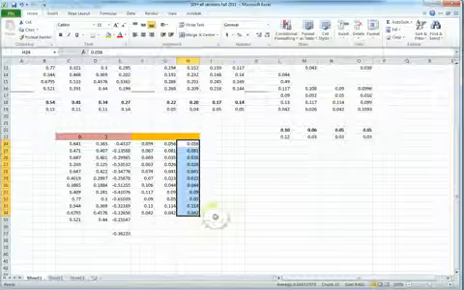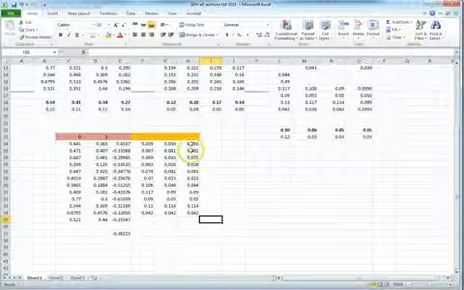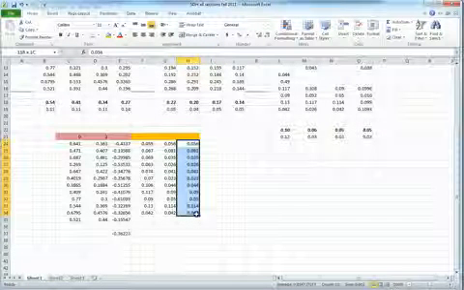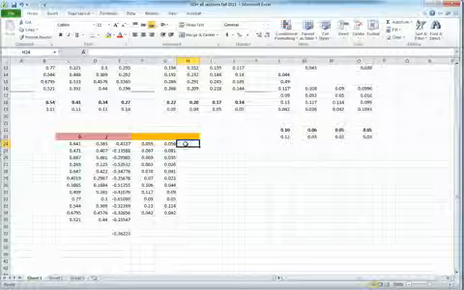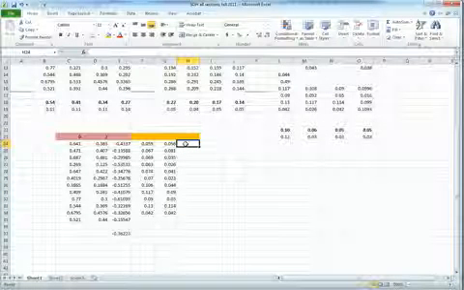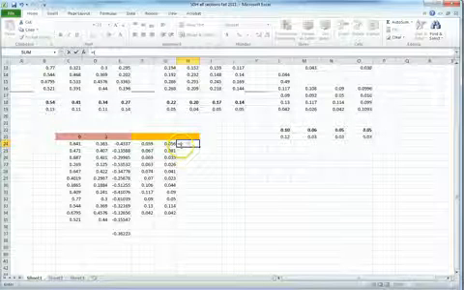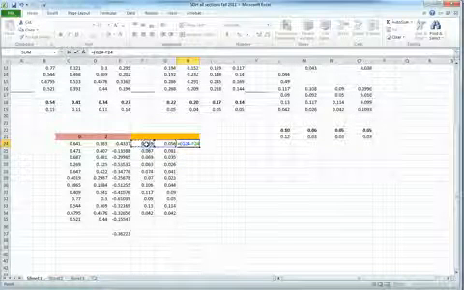How come all my numbers went positive? That's weird. What happened here? Oh, obviously I did something wrong. Let's do this again. If something doesn't look right, you do it again. Minus, parentheses, this number minus this number.